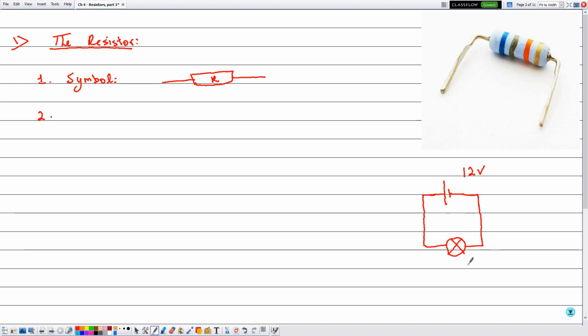And this lamp carries the following indication, which is given by 0.5 amperes. Now, because this circuit is a closed circuit, then the battery will deliver electricity to the lamp L. Then an electric current will traverse the circuit. Suppose that the value of electric current in this case is given by 0.75 amperes.